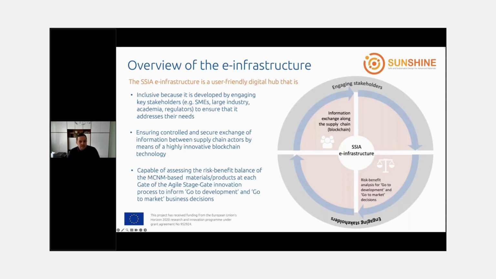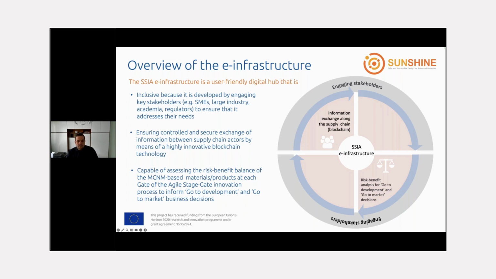The infrastructure is a user-friendly digital hub, which is inclusive in the sense that we've always tried to develop it by engaging key stakeholders in all steps of development and implementation. The infrastructure will also enable controlled exchange of information between supply chain actors by means of highly innovative blockchain technology.